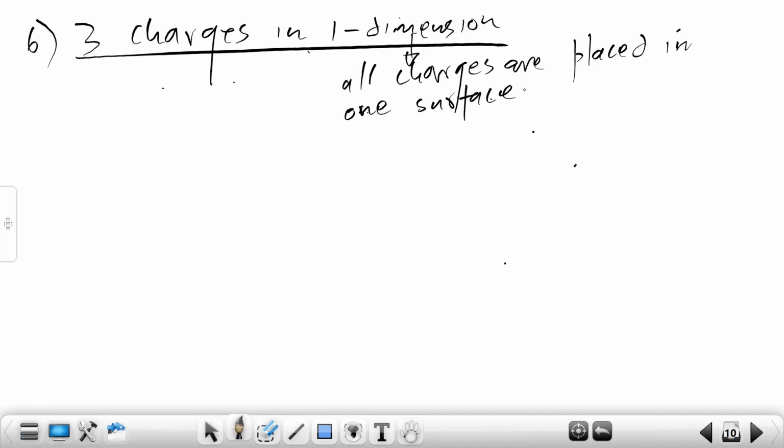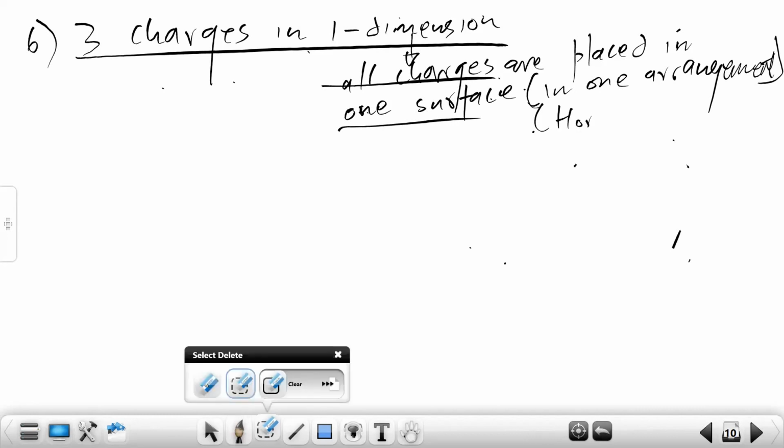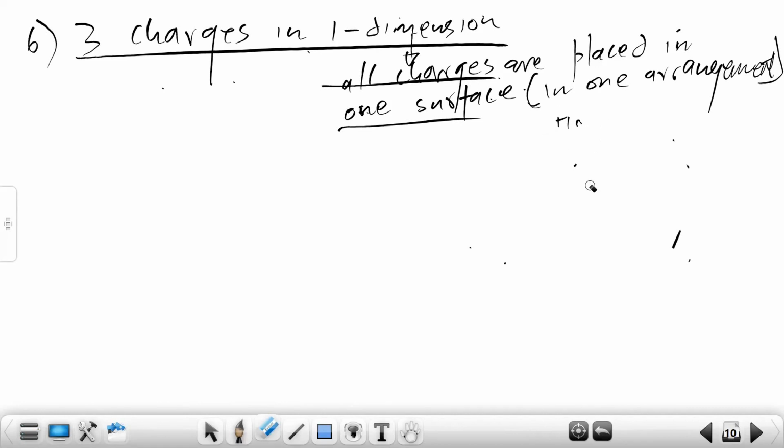So all charges are placed in one surface, or we can say in one arrangement. You will not find the other one, or basically we can just say they are horizontal. All of them are horizontal or vertical.